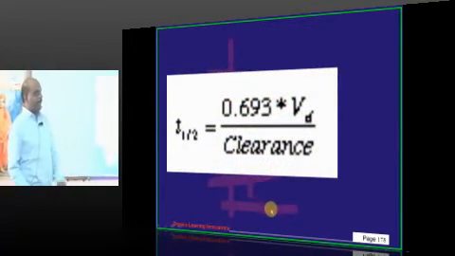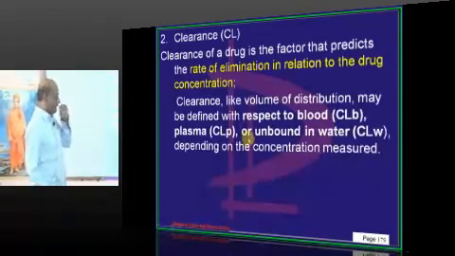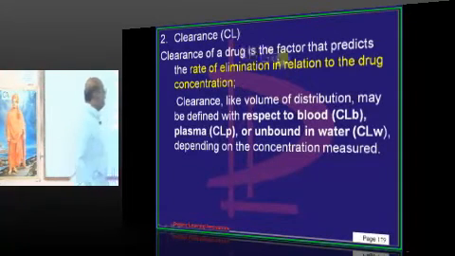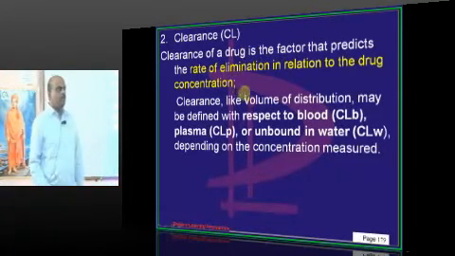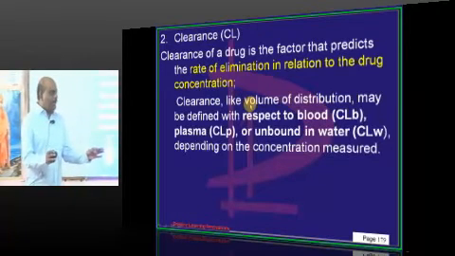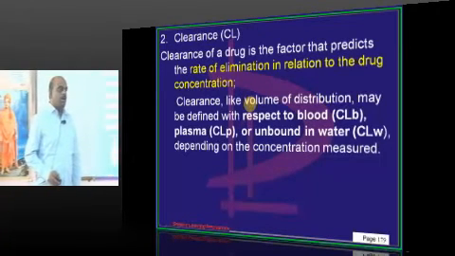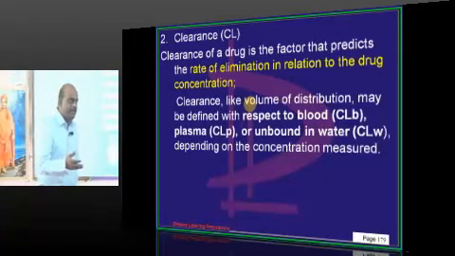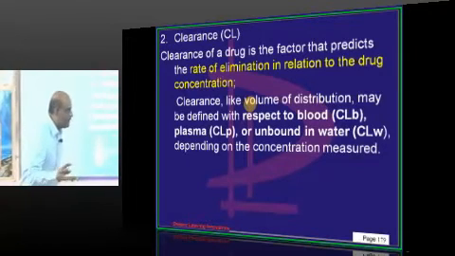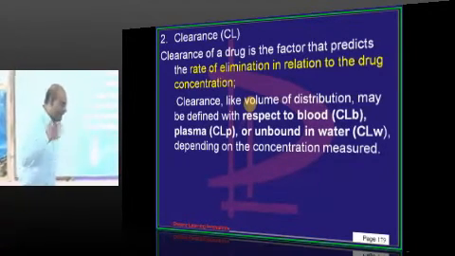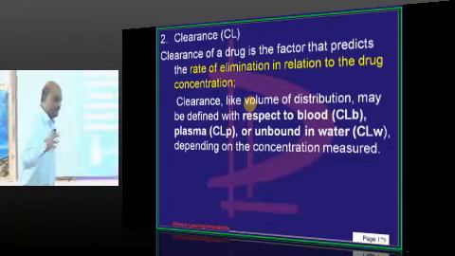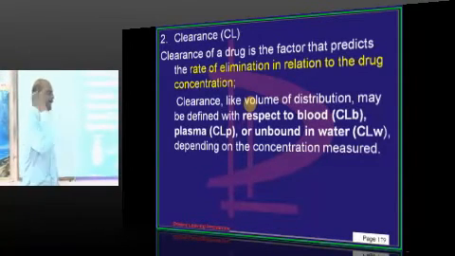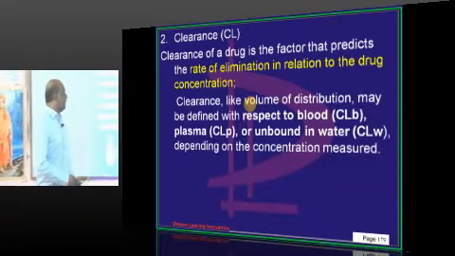We'll come back to the half-life after this, but the second important concept after VD is clearance. What is meant by clearance? For every given unit time, how much drug our body is getting rid of from the plasma is basically the clearance of the drug.